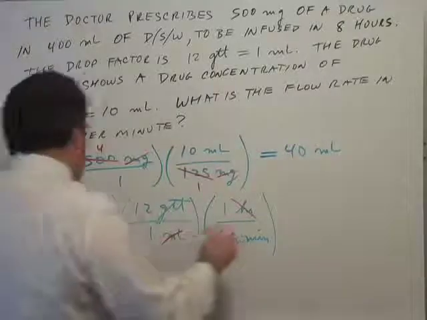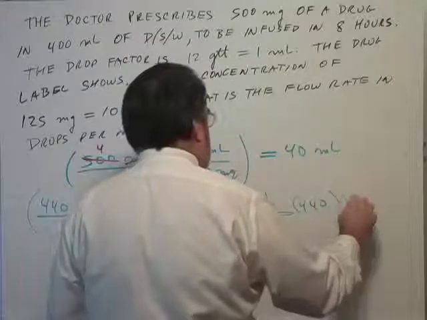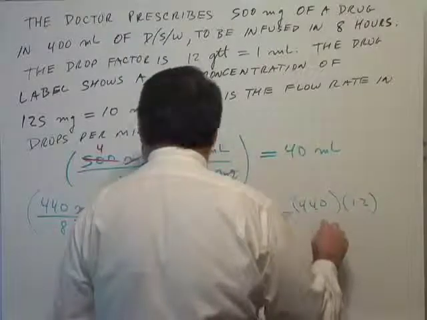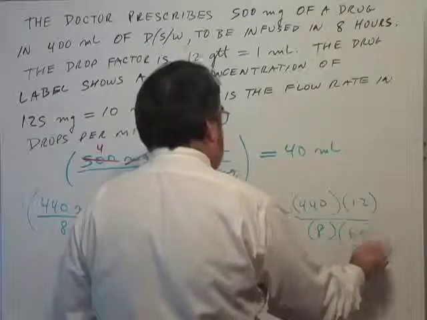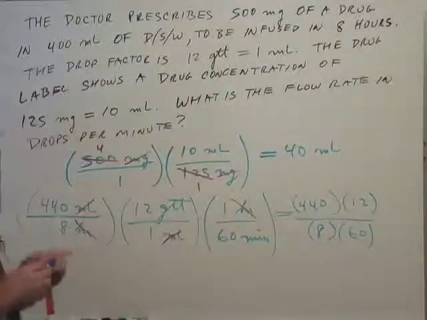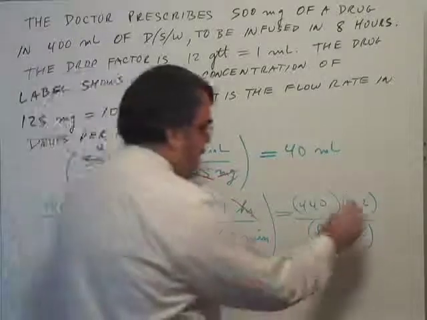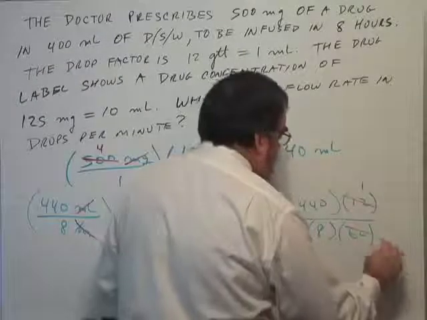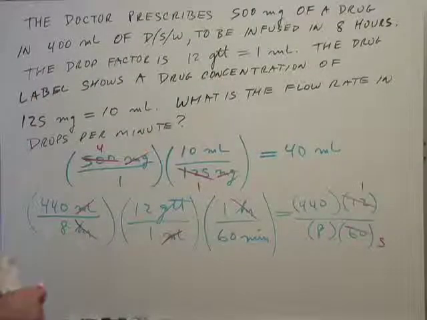So let's write the numbers out here. I've got 440 times 12 over 8 times 60. And I don't think this is too bad. 12 divides into 60 5 times. And 8 goes into 440.